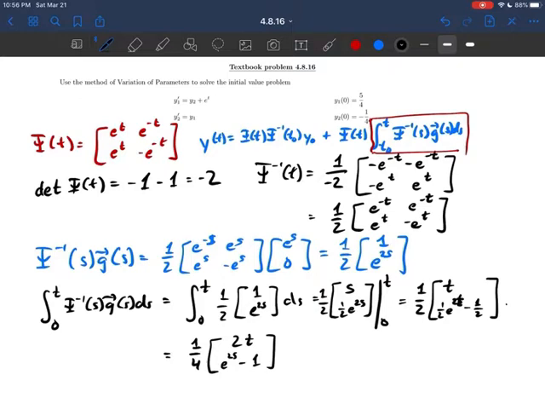This s should be a t. So let's clean up just a little bit. So 2t minus, and this s over here should be 2t. There we are.